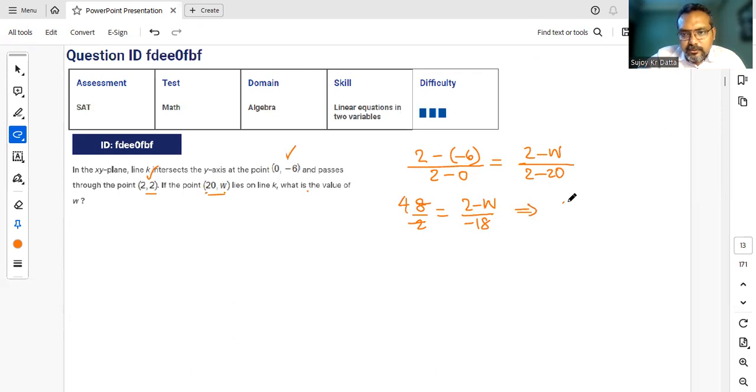So that gives you 2 minus W equals -72. So W is 74. Okay, just equating the slope, because all 3 points lie on the same line and it's a straight line. So the slope must be the same, whichever points you take.